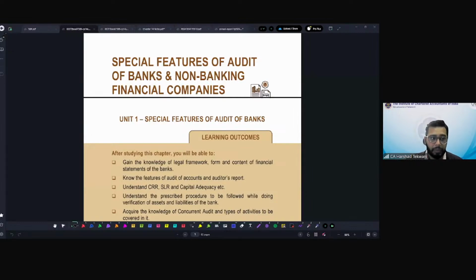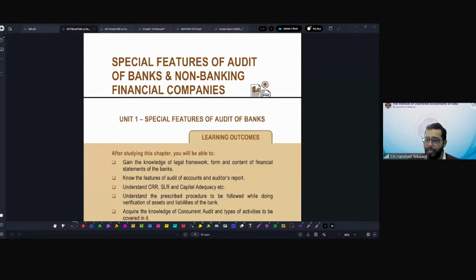data. So when it comes to the audit of banks, we are not referring to only one particular law or regulation. Just like NBFCs, there could be multiple laws and regulations at play.